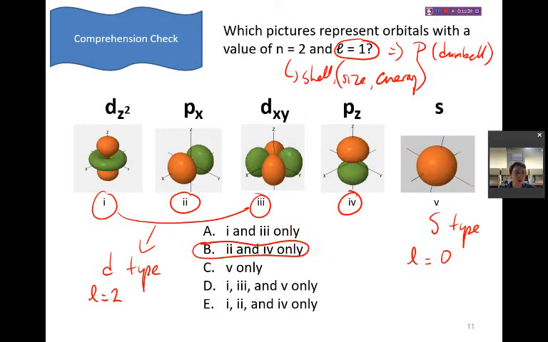Now, the question is, do you need to know these designations? Not really. Especially for the d-type orbitals, we're not going to expect that you'd be able to identify whether it is a dz squared, a dx squared minus y squared, etc. For the p-type orbitals, the letter designation tells you the axis along which it aligns, and so that's rather easy to determine, but that's not mandatory information.